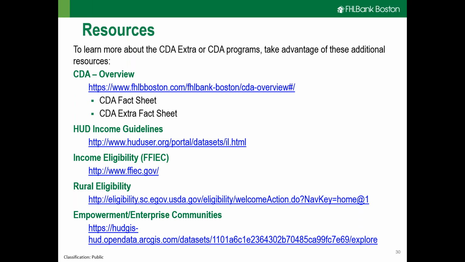That's just to indicate whether or not your collateral or lending footprint is in an urban or rural area. And then if you're looking to get a sense of where any enterprise or empowerment communities are located, this is another address-based website where you would enter the address and it would let you know whether or not the property is located in any of these communities.